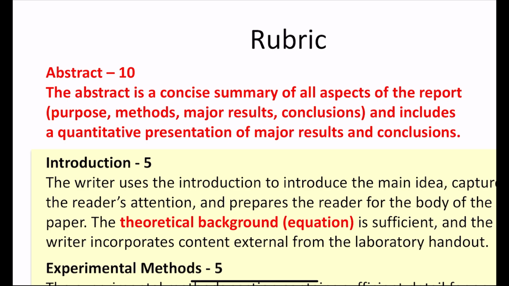And that's the abstract. So the abstract has to be a concise summary of all aspects. This is an important thing, all aspects. And what all means is why you did this, what you did, what you got, and what you need from others. Okay? Please include a few numbers in there. You don't need to dump all the numbers you got in that abstract, but just a few numbers.